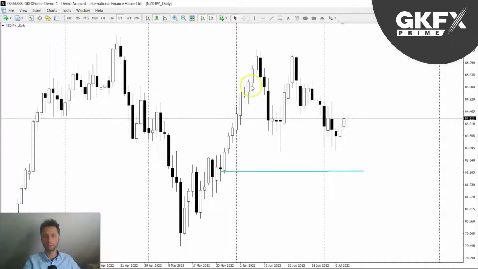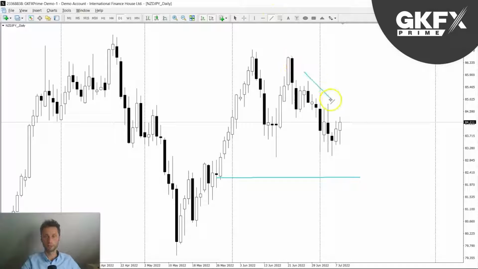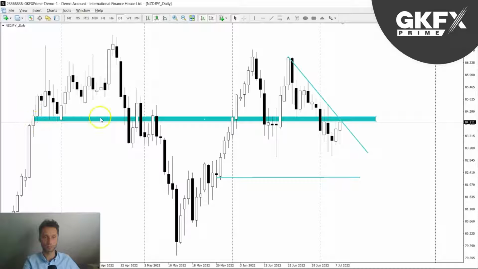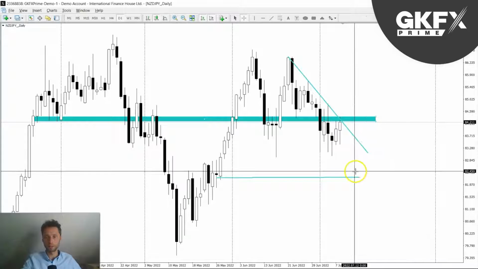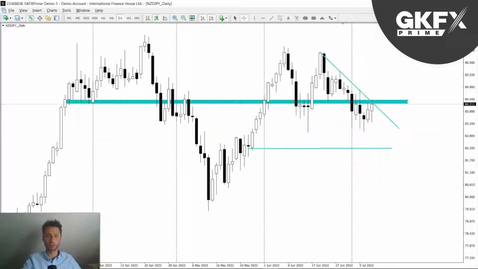I'll delete the fib, and now I can more clearly see I can draw a line here. So you could draw a trend line if you wanted to. There's a bit of a level right here where we can see, if I draw it out, extend it to the left, there's a bit of a zone here. So I'll be looking for the market to come down into this 61.8 point before possibly continuing to the upside.